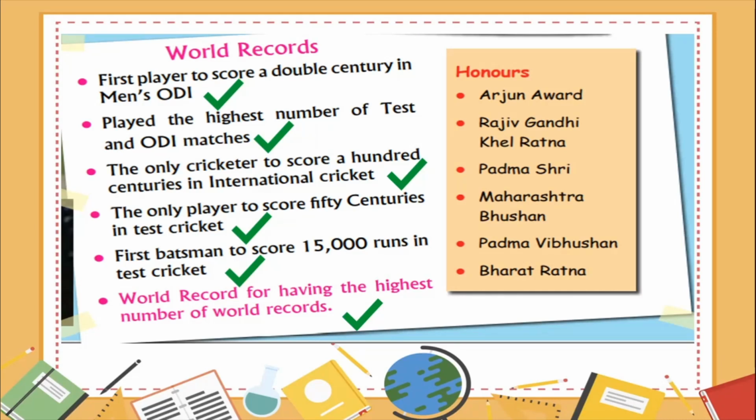These are the honors, or these are the awards which Sachin Tendulkar has been given by the government of India, or the government of, you can say, Maharashtra. So he has won the Arjuna Award, he has won the Rajiv Gandhi Khel Ratna, he has won the Padma Shri, he has won the Maharashtra Bhushan Award, the Padma Vibhushan Award, and the Bharat Ratna Award.